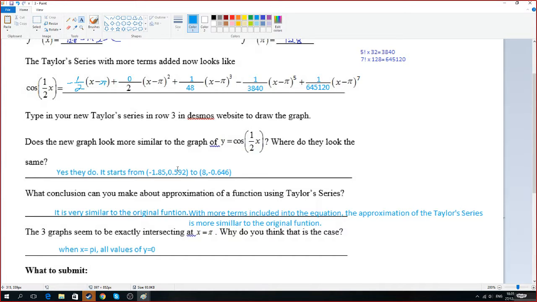Similarly, we will proceed to the questions and answers first. Then after that, we will proceed to the graph.